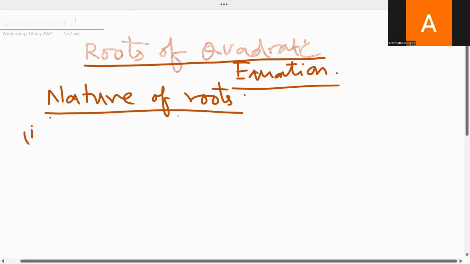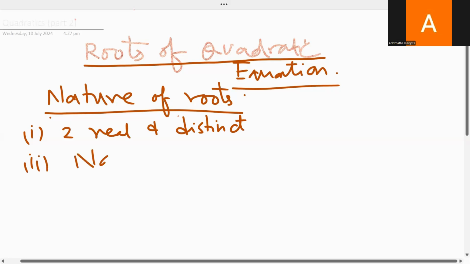It means that when you solve a quadratic equation, sometimes you get two real and distinct roots. Sometimes you get non-real roots.